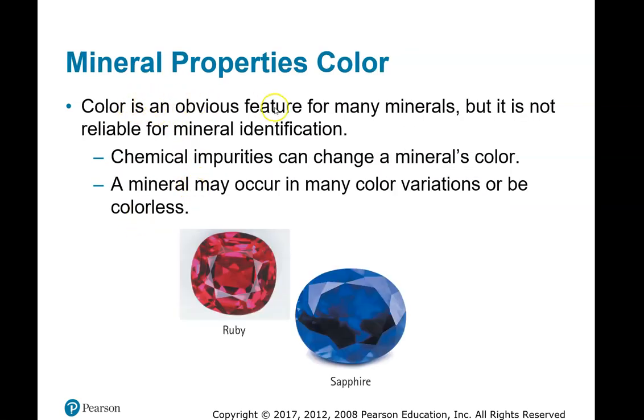Color is an obvious feature for many minerals, but as I mentioned before, it's not a reliable mineral identification. Minerals can have little impurities. Between ruby and sapphire, I think one has more titanium and the other has iron, if I'm remembering that correctly.